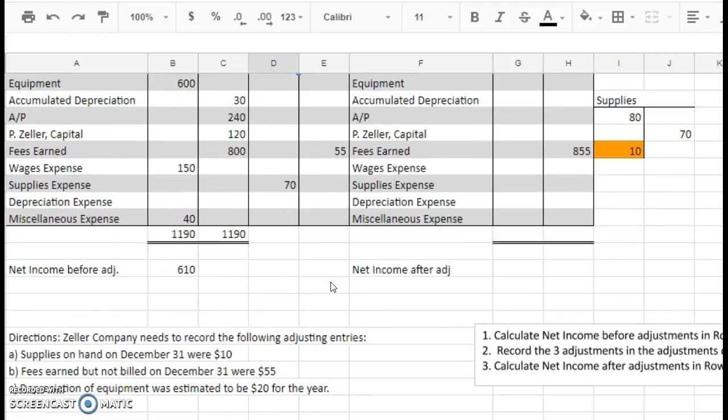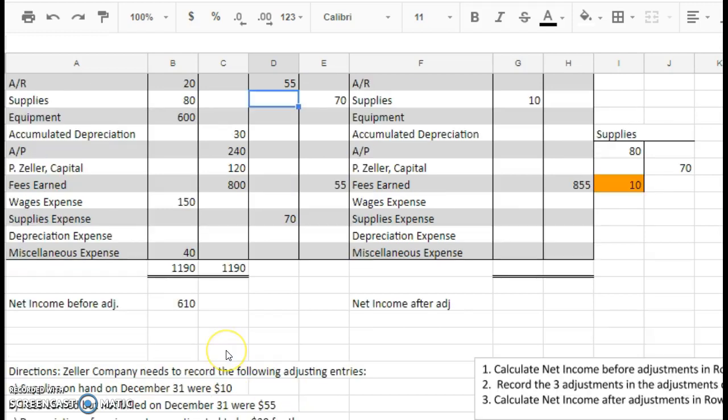The next one is depreciation of equipment, estimated to be $20 for the year. So here's your equipment account. We don't touch the equipment account. If we want to depreciate the equipment, we're going to use that accumulated depreciation account. It's a contra account. It goes against our equipment.